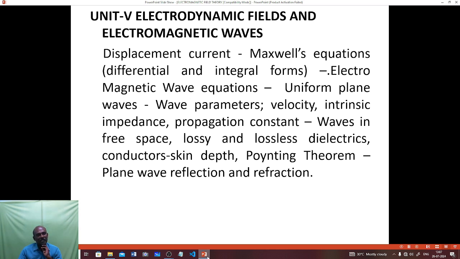Here we are going to analyze the electromagnetic field as a wave with various wave parameters, and also Maxwell's equations. Maxwell's equations are differential and integral equations used for analyzing electromagnetic wave parameters. Then the Poynting theorem and various wave parameters for various cases. So that's all about electrodynamic fields and electromagnetic waves.